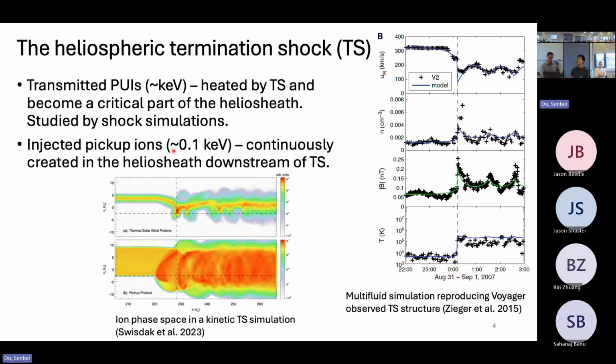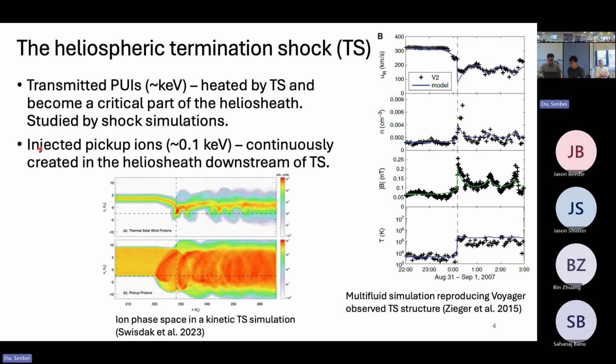This is different from the transmitted pickup ions. The transmitted pickup ions are created in the supersonic solar wind and then cross the termination shock into the heliosheath, and the injected ones are created within the heliosheath itself.